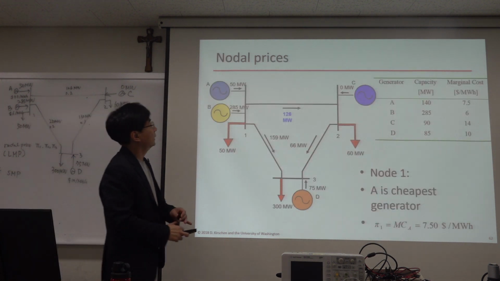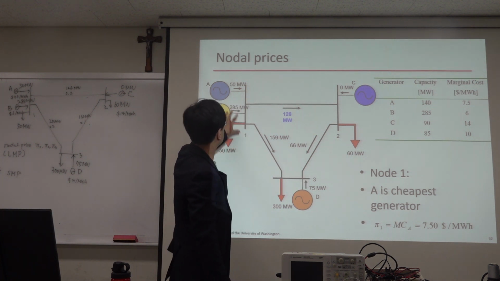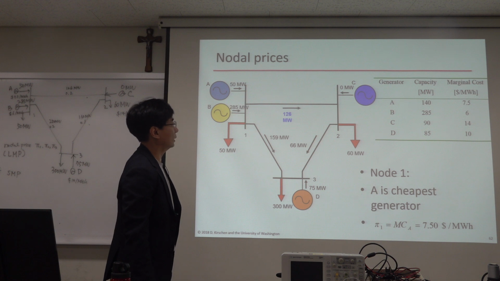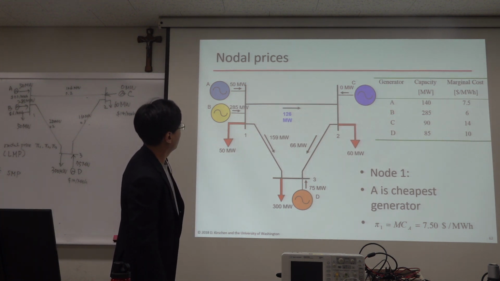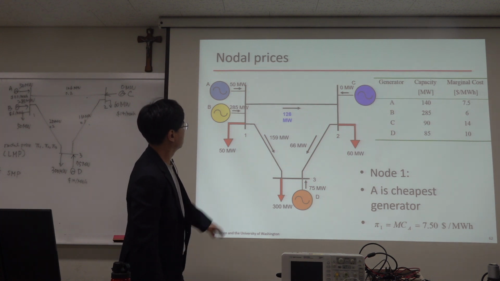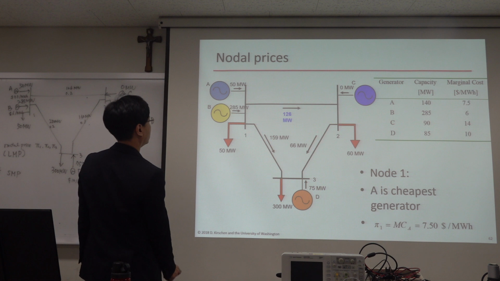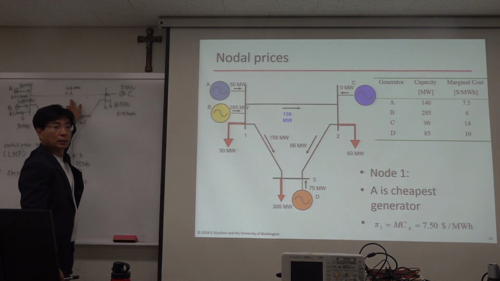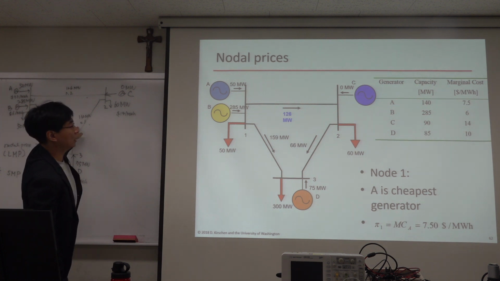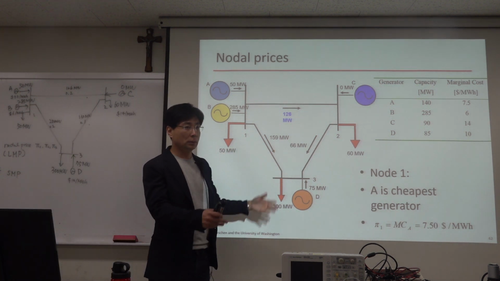The nodal price of bus 1 is that when you increase the load here by 1 megawatt, what can you do? This is the current power flow, and we see that this line's constraint is binding. But this line and that line have a maximum capacity larger than that one.